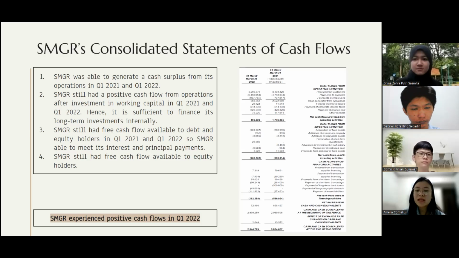Third, SMGR still had free cash flow available to debt and equity holders both in Q1 2021 and 2022. So, SMGR is able to meet its interest and principal payments. The last one, we can see that SMGR still had free cash flow available to equity holders or dividends. So, according to our analysis, we can conclude that SMGR cash flows are better than INTP.